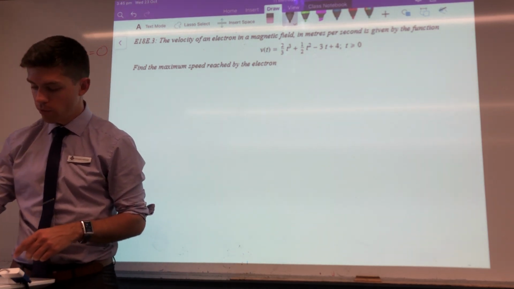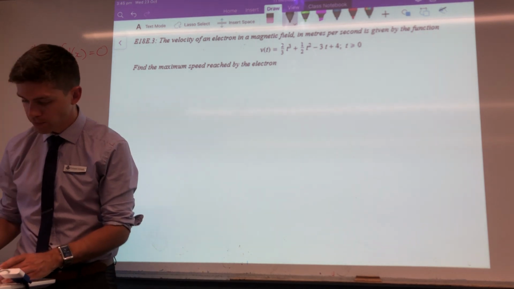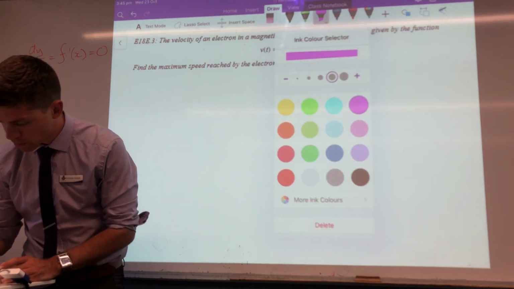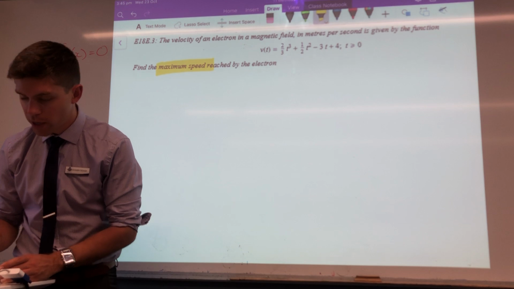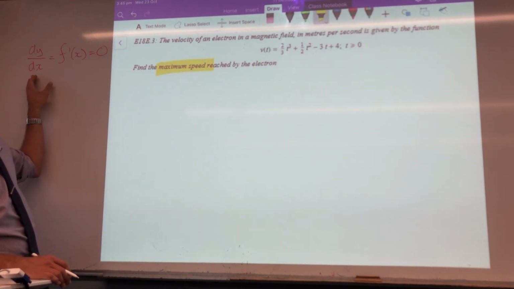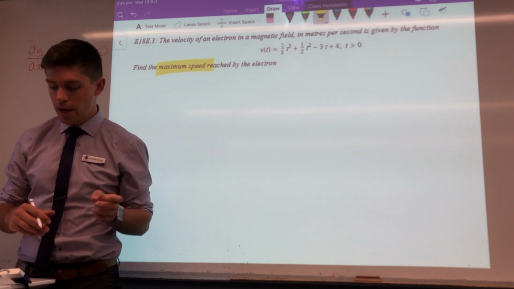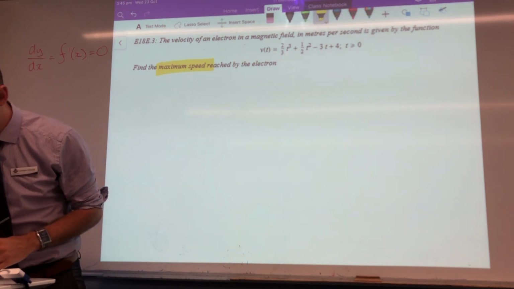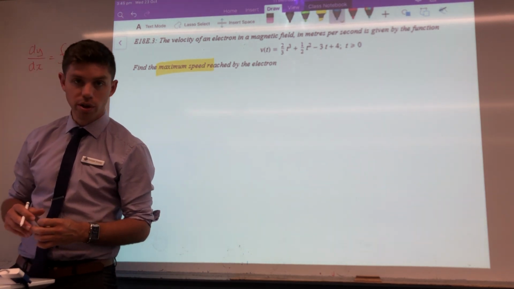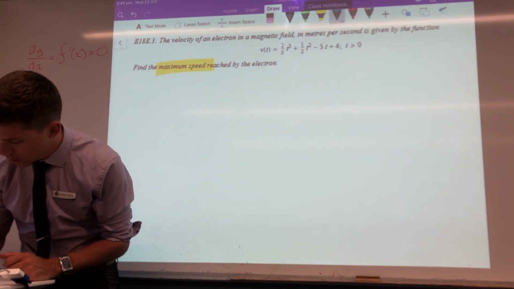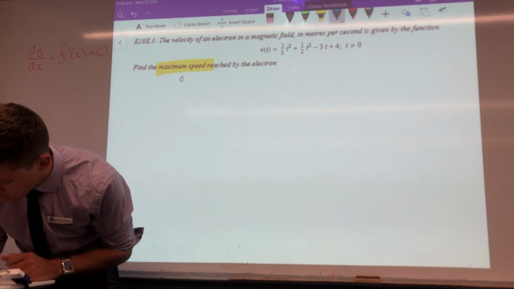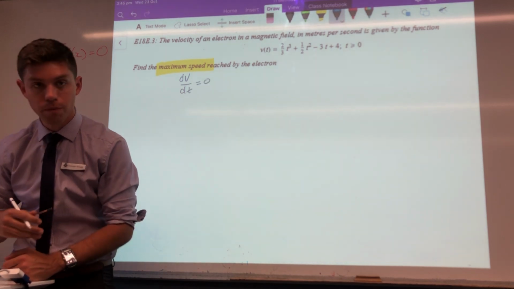Find the maximum speed reached by the electron. So once again, for maximum speed, we're going to be looking at dv dt equals 0 to find time, and then we can substitute that in to find the corresponding velocity or speed. So we're looking for dv dt and where this equals 0 at the stationary point.